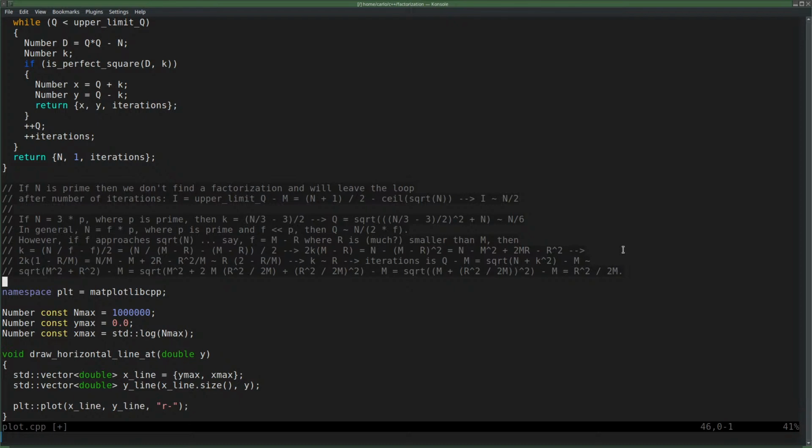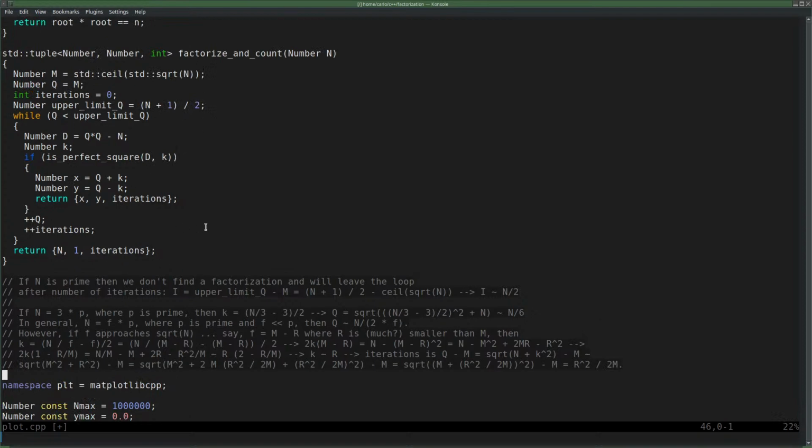In fact, if r is much smaller than m, this is already approaching 1 by the time that r is the square root of m. So the number of iterations goes rapidly down when the two factors approach each other.